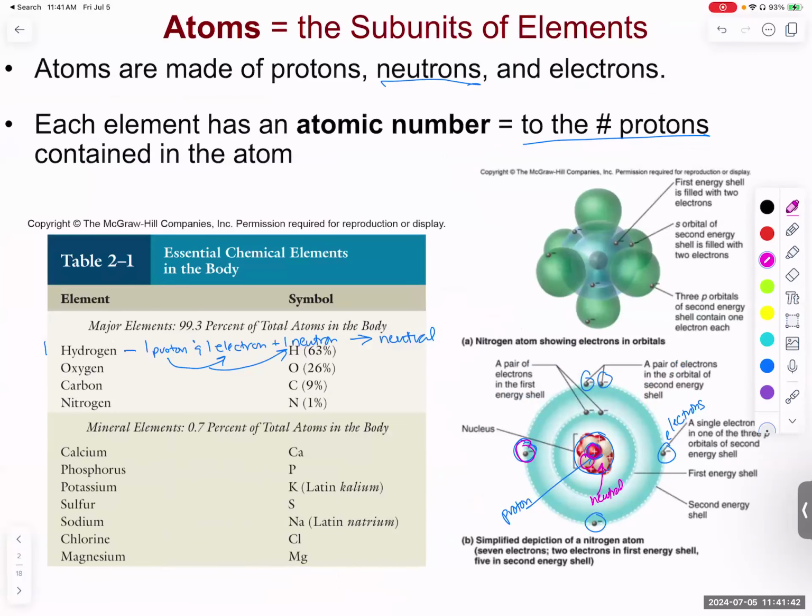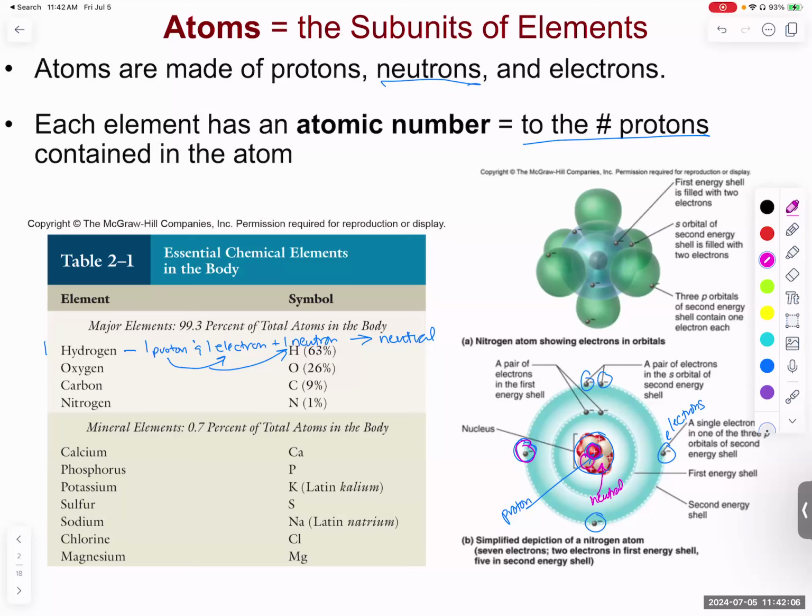This is significant in physiology because we have ions in our body, and those are elements that have gained or lost an electron. And so they now have a charge. So an ion is a charged particle, and we're going to talk about that in a minute.